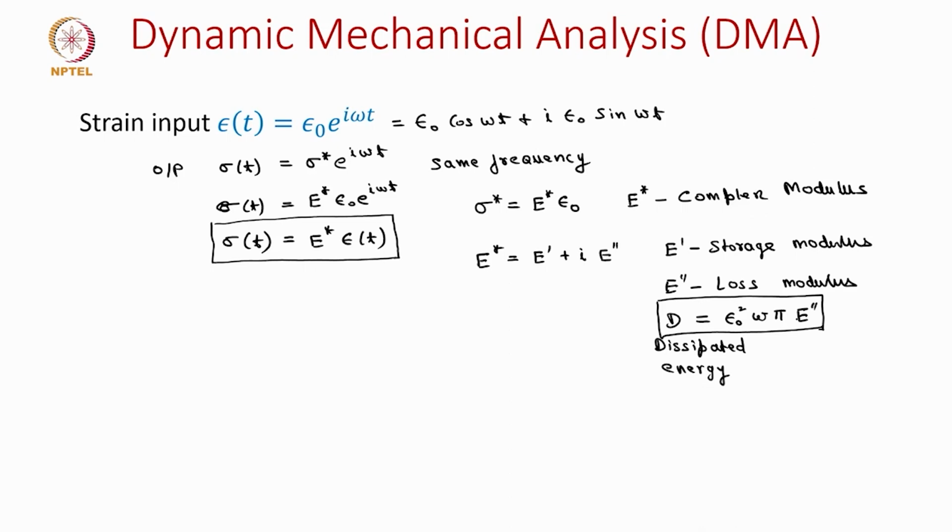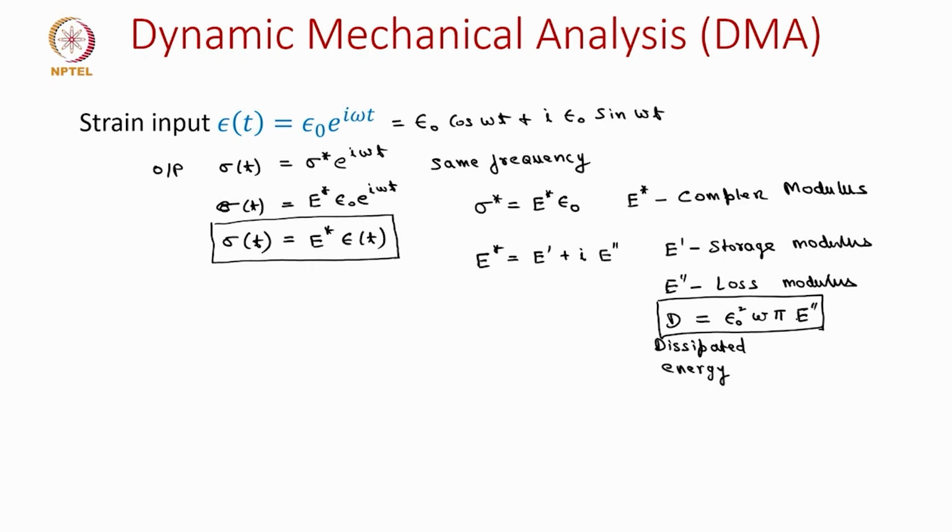That is why there is significance in writing this complex modulus in terms of storage and loss modulus, because E dash, the storage modulus, gives a sense of the elastic behavior of the material, and E double dash, the loss modulus, tells us the viscous behavior of the material.